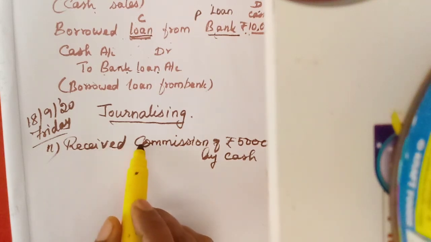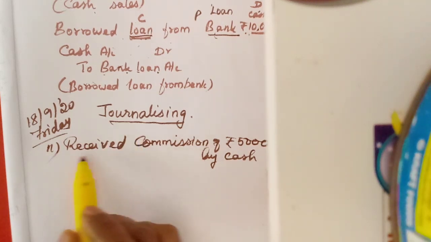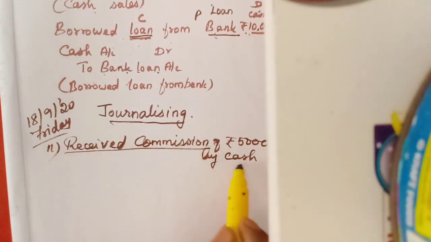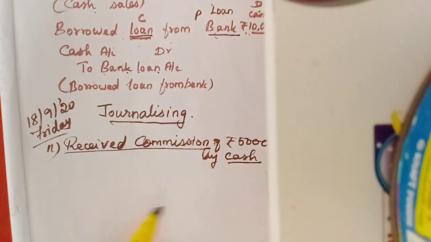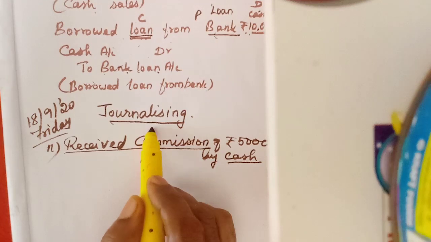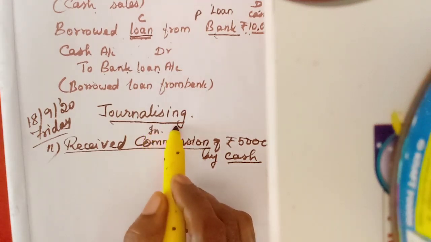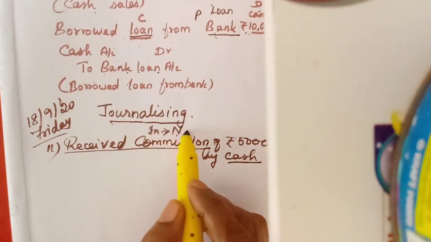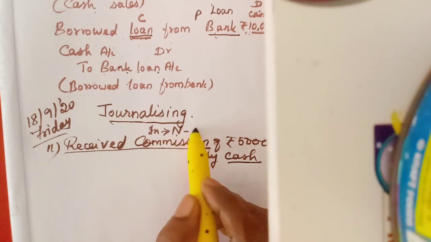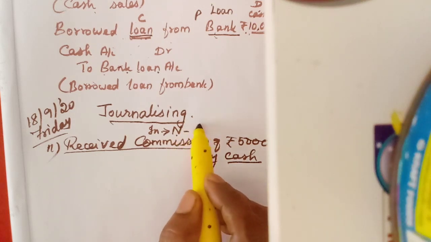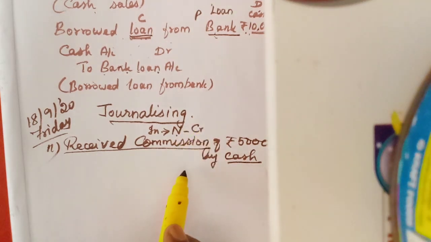We will write commission received. Another one, cash. Here receiving commission is an income, so it is a nominal account. Nominal account, commission, what we should do? We should credit all income and gain. So it is an income, we should credit.